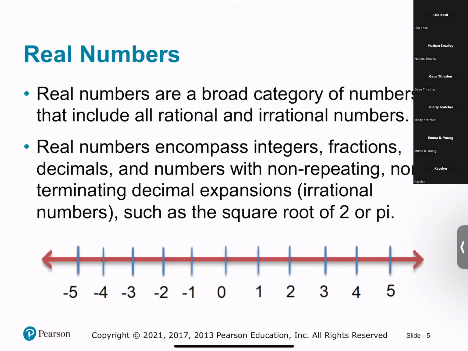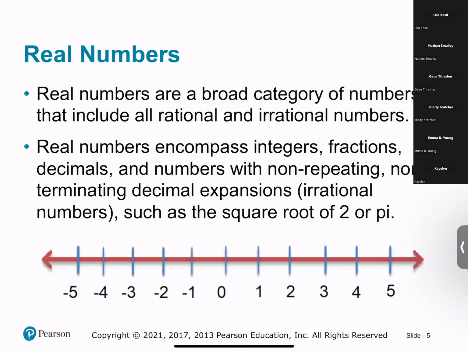Okay, let's talk briefly about what real numbers are. So real numbers are this broad category of numbers that include all the rational and irrational numbers. So later in this semester, when we talk about quadratics, if they're not real numbers, then they're imaginary numbers.